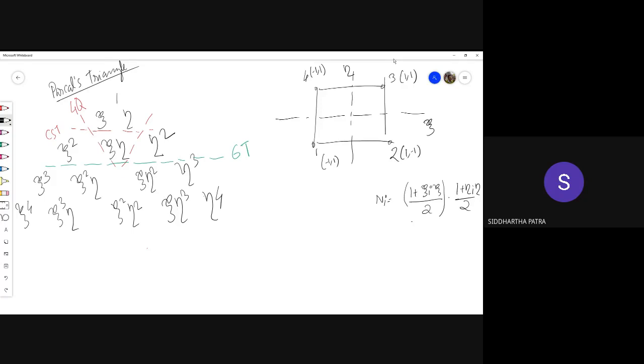That's what the shape functions are for a linear 4-noded quad element. That is actually bilinear. Now when you move to the quadratic element, that becomes biquadratic. So the 4-noded is bilinear, and from bilinear we move to biquadratic.